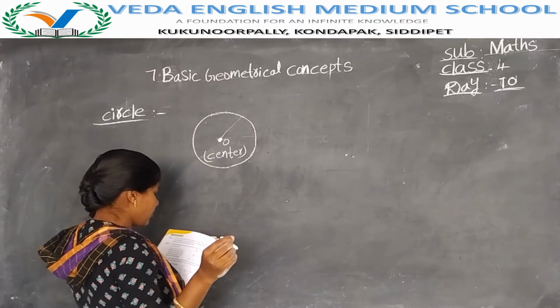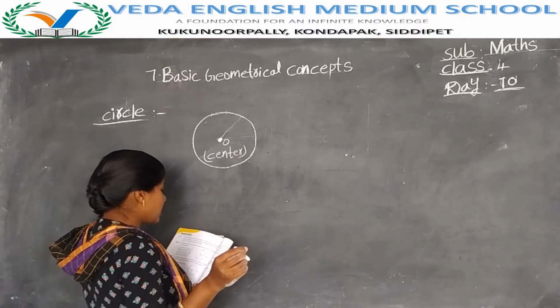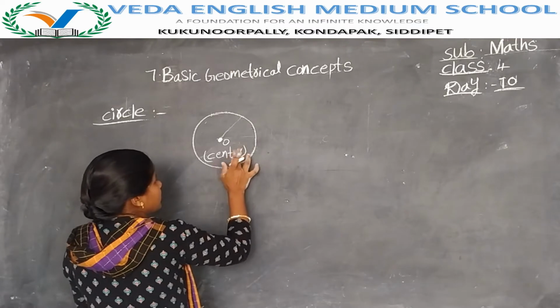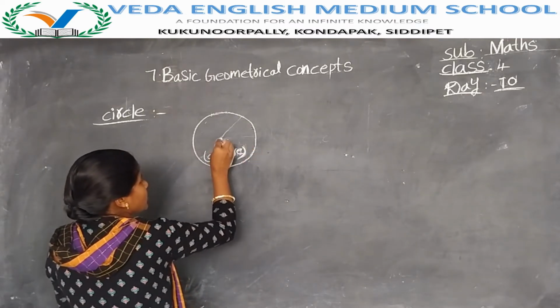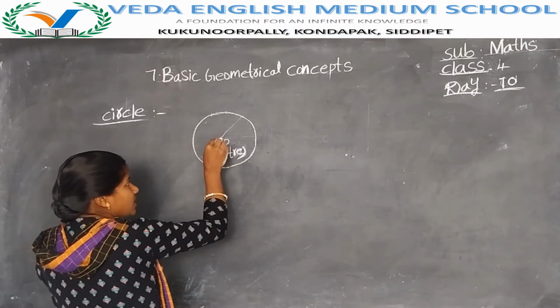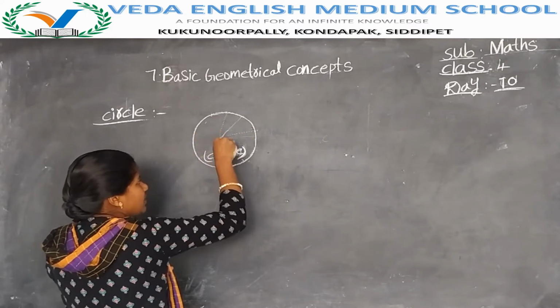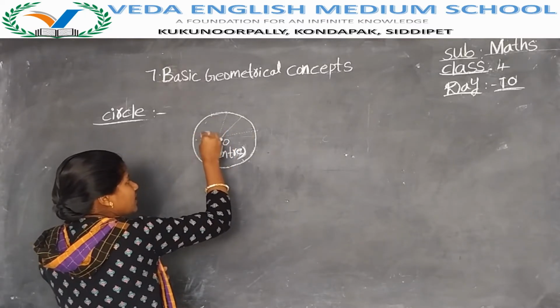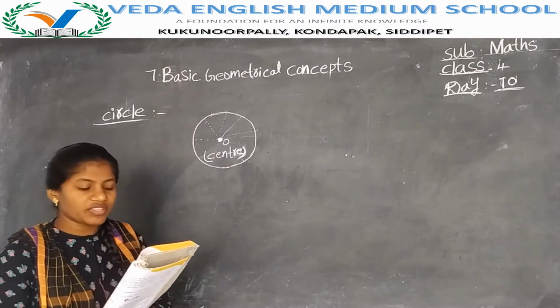It is usually denoted by the letter O. Thus, O is the centre of the circle, C-E-N-T-R-E. Why? Because O is in the center. From the center, all the lines and all the points are at equal distance, so O is called the center of the circle.